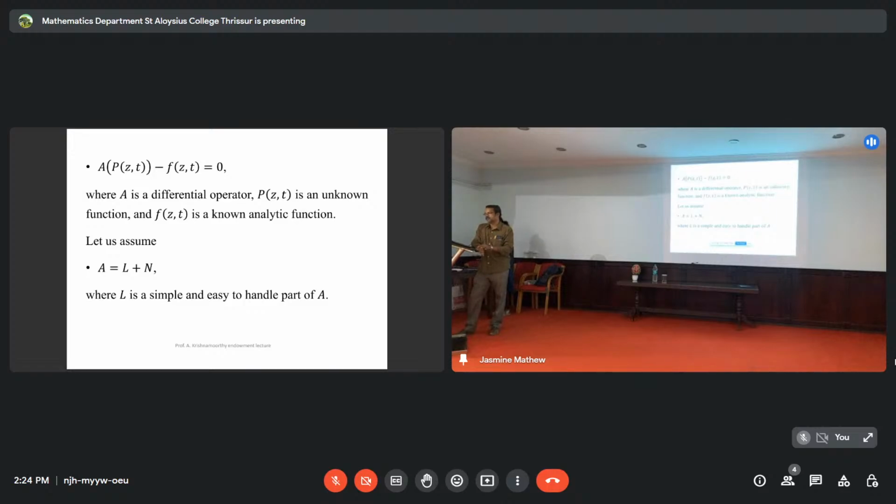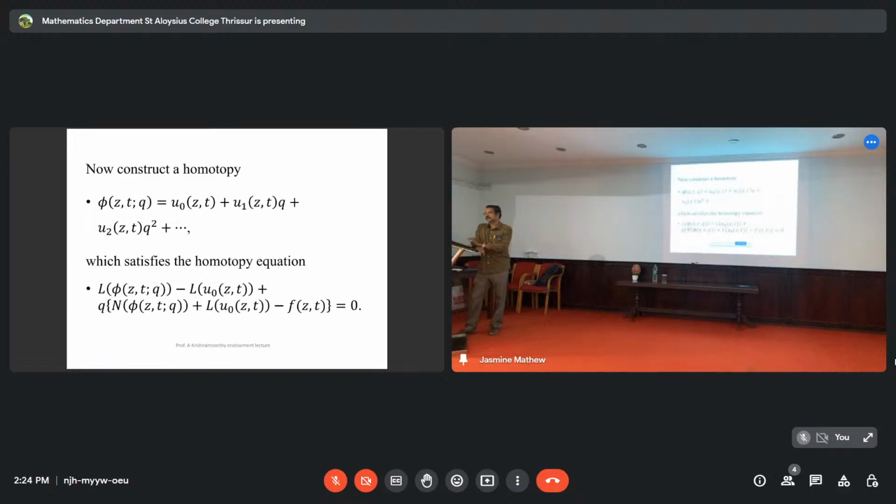So the method is to assume this operator A as a sum of two operators L and N, where L is a simple, probably the linear part of A, and N is the non-linear part of the operator A. Now, a homotopy is constructed as phi(t,q), a power series in a new variable q.